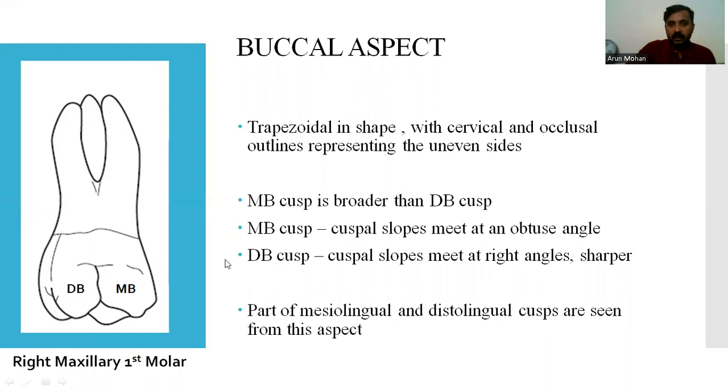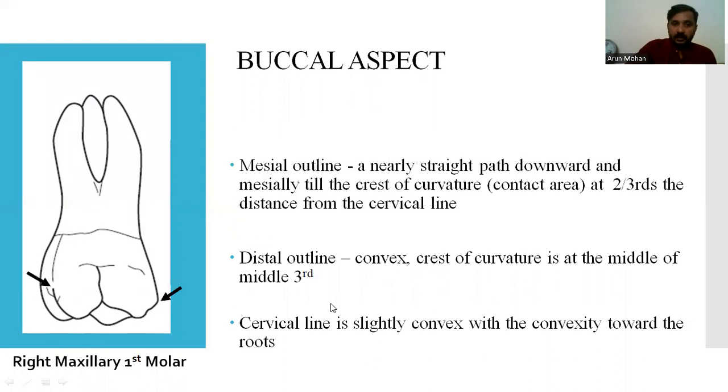The mesiobuccal cusp slopes meet at an obtuse angle, while the distobuccal cusp slopes meet at a right angle, which makes the distobuccal cusp a much sharper cusp than the mesiobuccal cusp.